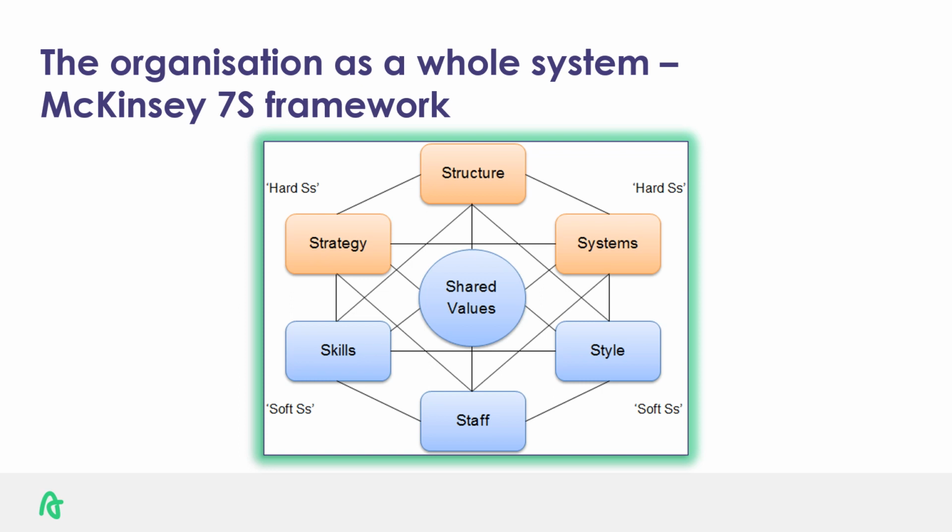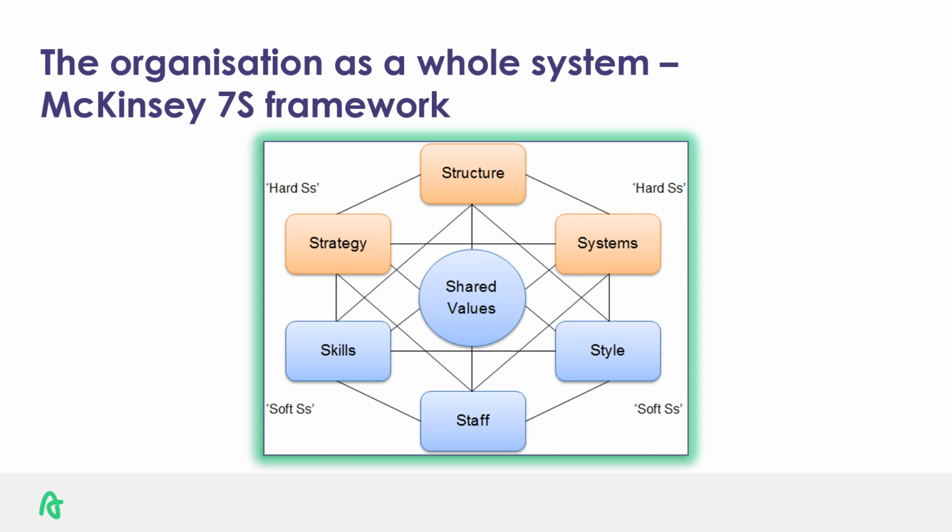Structure, which refers to how the organisation's workforce is arranged into divisions or departments, functions, including its hierarchy and reporting lines. And systems, these are the processes and procedures that support the organisation, such as information systems or payment systems, and HR-related systems, policies and procedures.